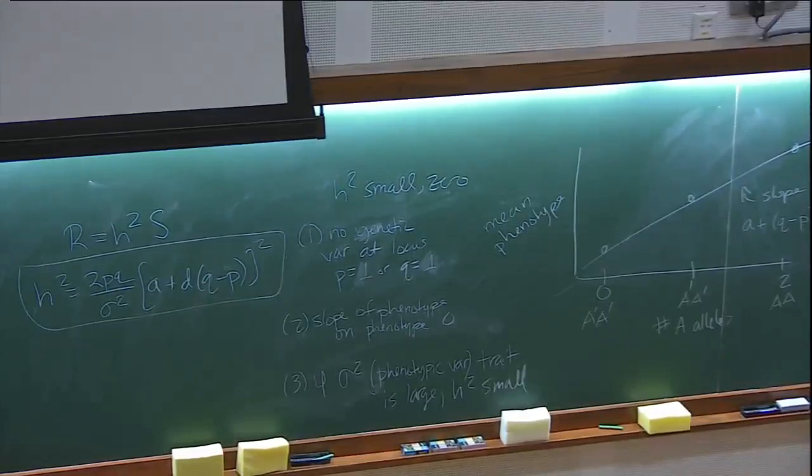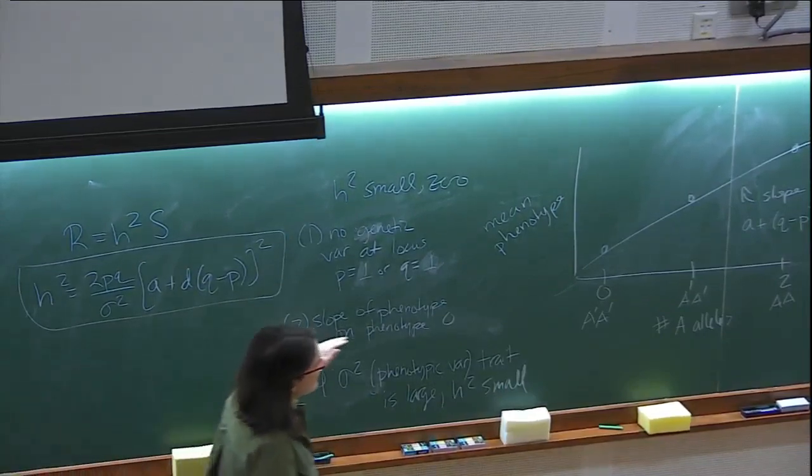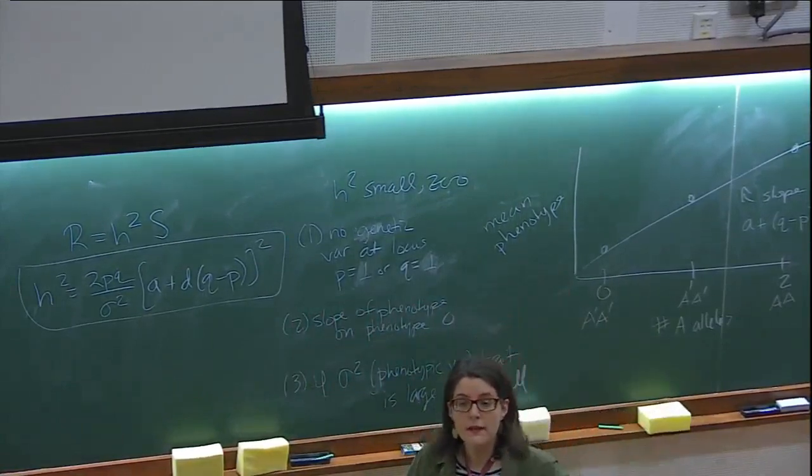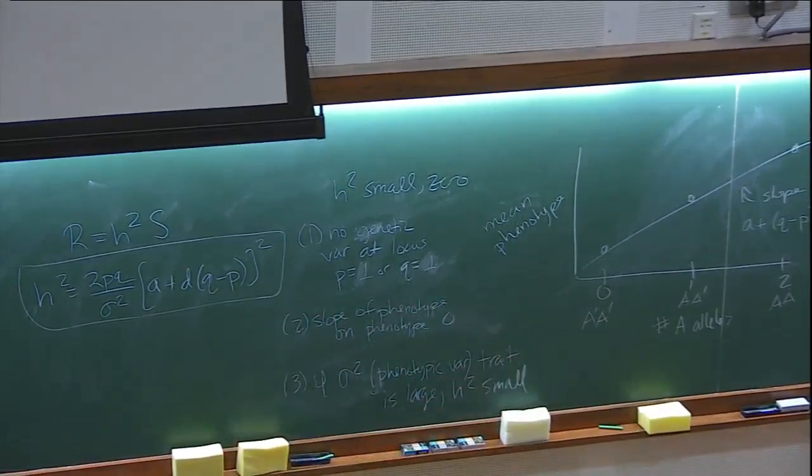So if we have a lot of phenotypic variation, and under the rules of this model our locus affects the phenotype a small amount, then the heritability for this one locus is small. It can't make a big change in the phenotype because it's only a small part of a lot of variation. And the other two things are obvious. If there's no difference in the allele frequencies, we can't select. And once again, if there's not a relationship between the phenotype and the genotype, or only a very weak relationship, then heritability is small. So all those things are important.